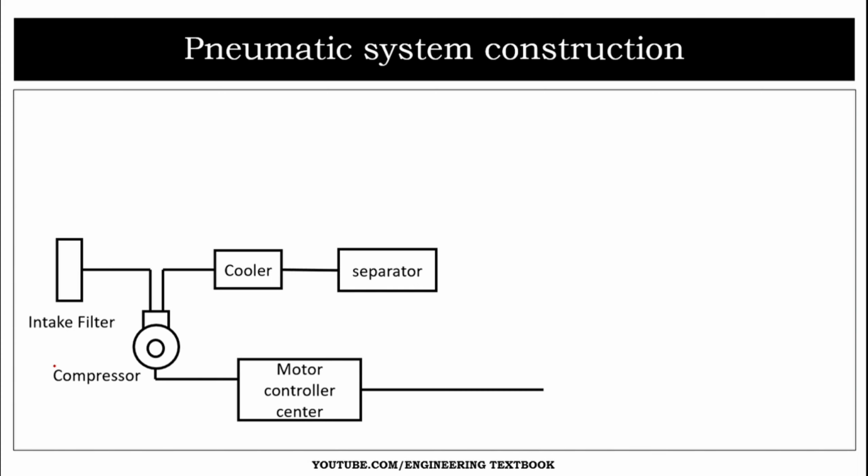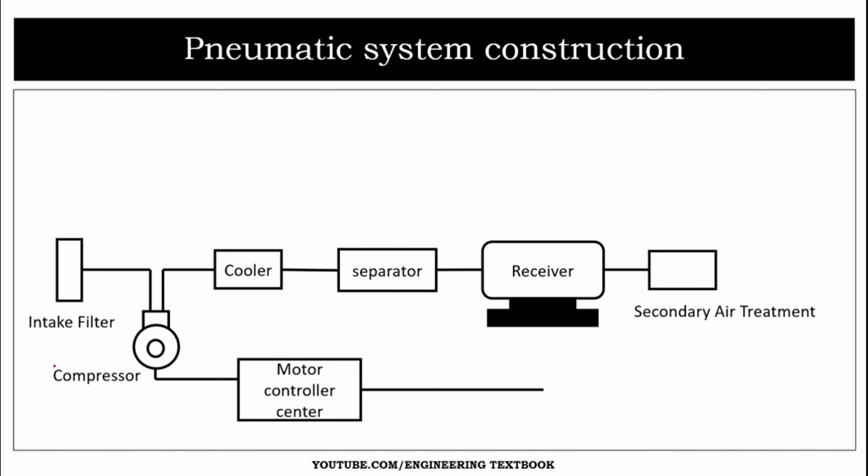Separator. The separator is used to separate the moisture or water vapor within the air. Receiver. The receiver in this system is a high pressure tank which is used to store the compressed air which is coming from the air cooler.